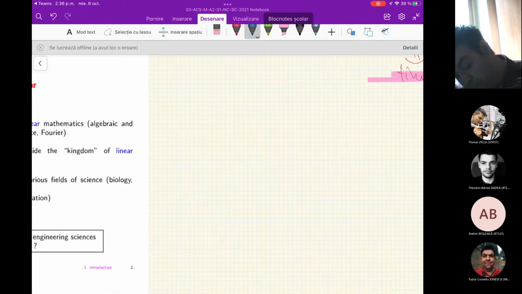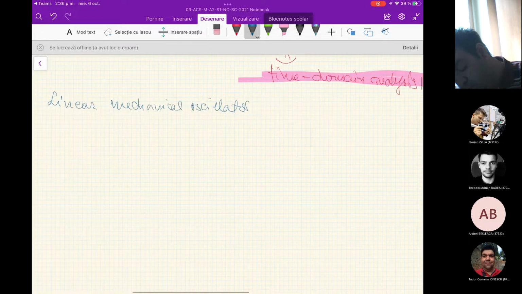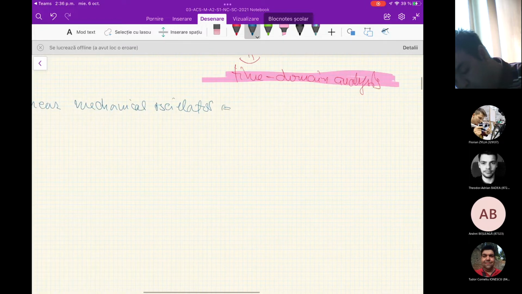Example. Let's have an example, okay? The linear mechanical oscillator. Or, as we know it, the mass-spring-damper system.